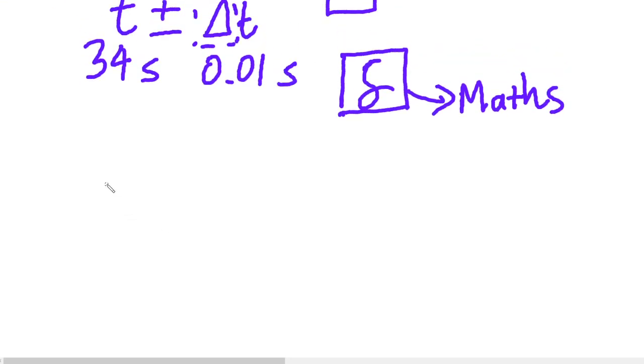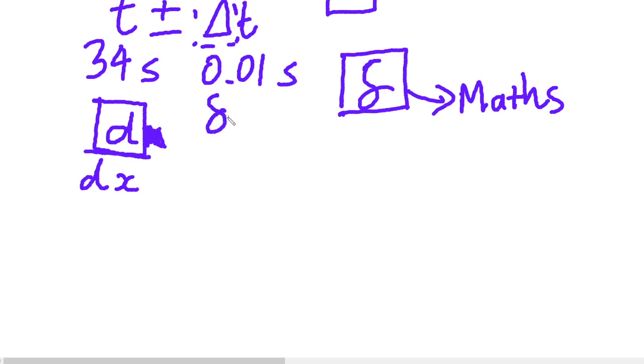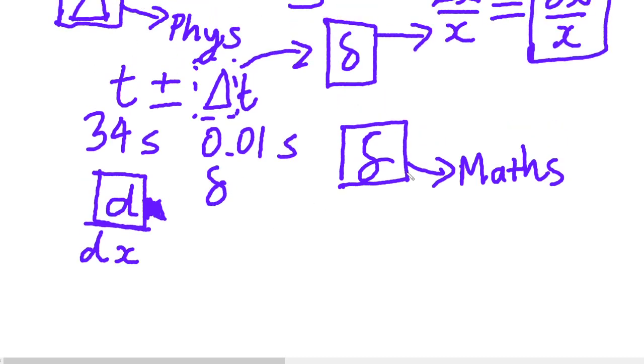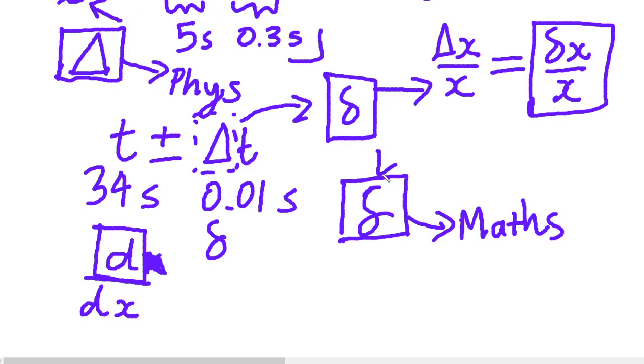And finally, as another note, this English Roman d by dx, why do we use a Roman alphabet d instead of a lowercase Greek delta? Well, that's because even with this delta, this uncertainty we're dealing with here, the change is still a finite small number.